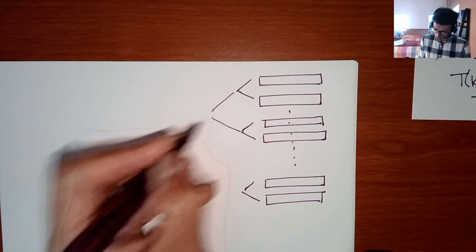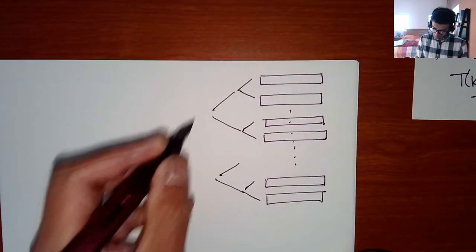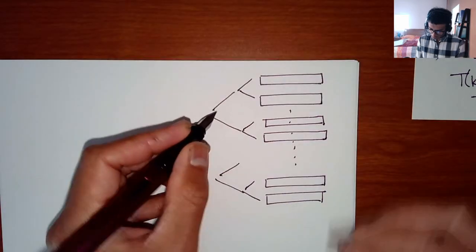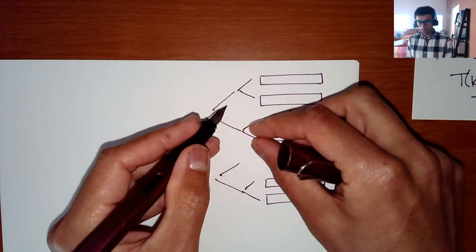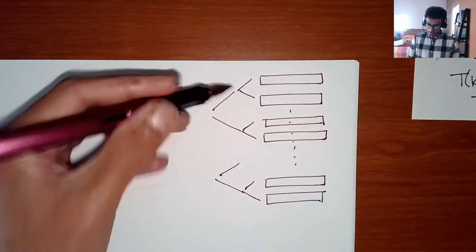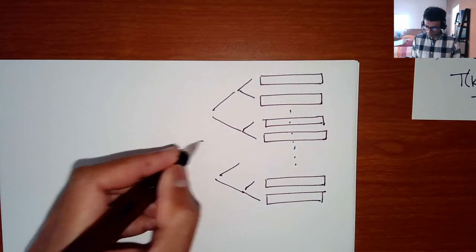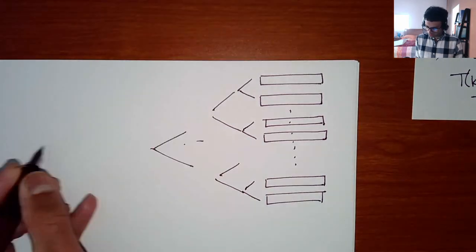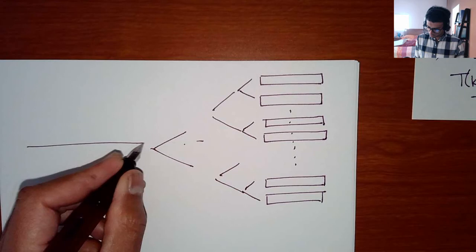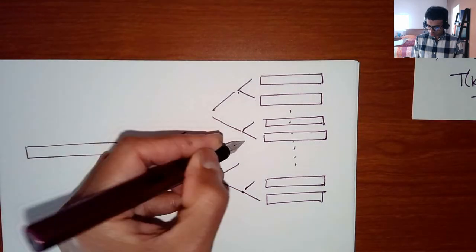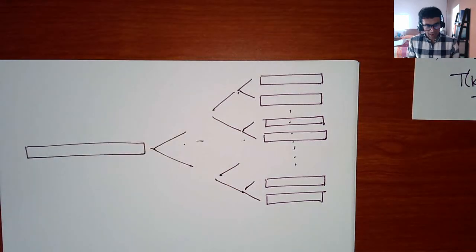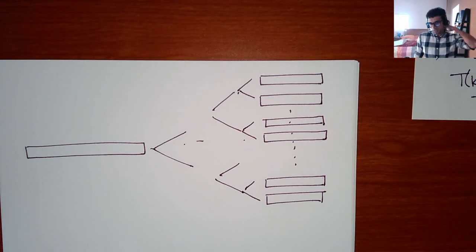Then you merge these two. Like you merge these two, it becomes a big array. Merge these two, it becomes a bigger array. You merge those two. It'll become twice the size, then 4 times the size, and so on, until finally you merge 2 things and you get one big array. If you count how many merges happened, assuming k is a power of 2, it'll be exactly k minus 1.